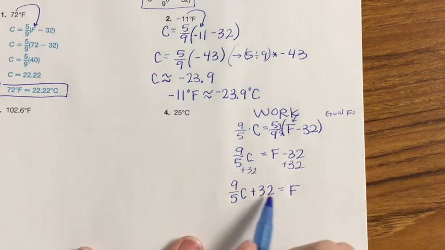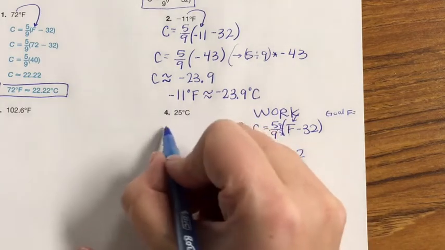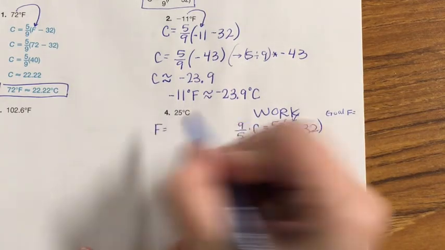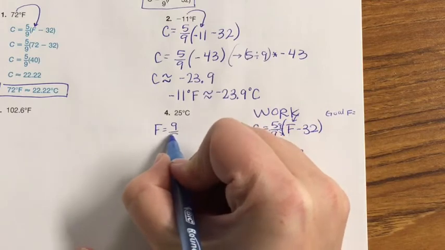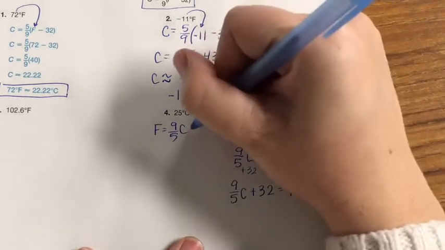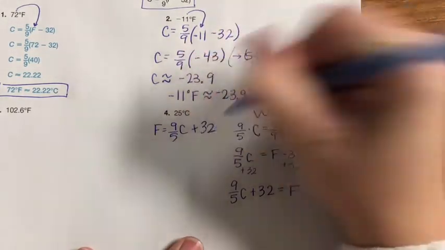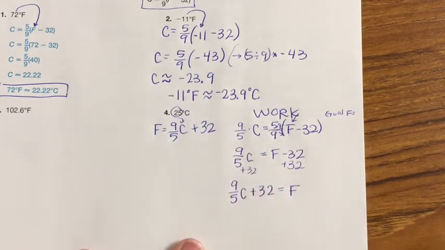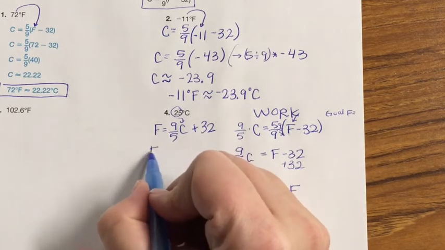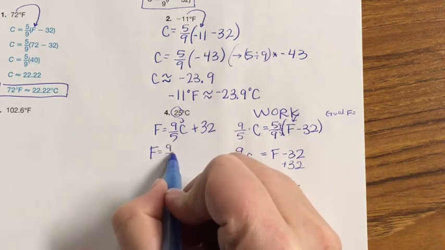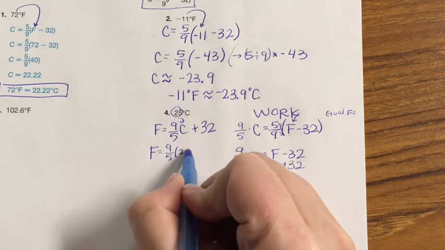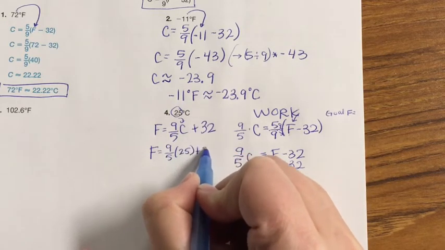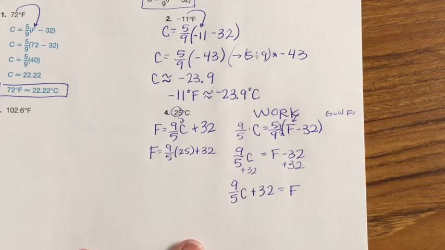So right here, now all I have to do is type that in. So I'm going to rewrite it. F is equal to 9/5 C plus 32. And what we're supposed to do on this is put 25 in place of that C. So then F is equal to 9/5 times 25 plus 32. And you can just type that in your calculator.